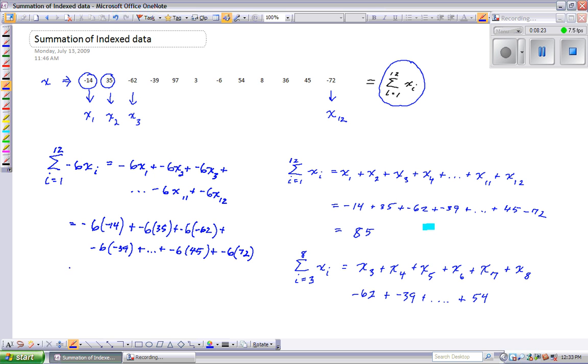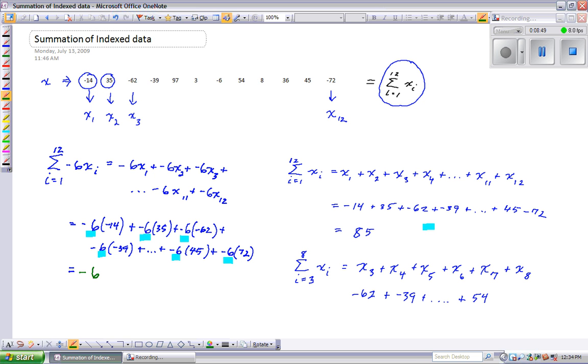But when we have a negative 6 in each place, let me use my highlighter. Notice there's a negative 6 right here, right there, right there. Each number in our list is multiplied by negative 6, so we can factor out the negative 6.